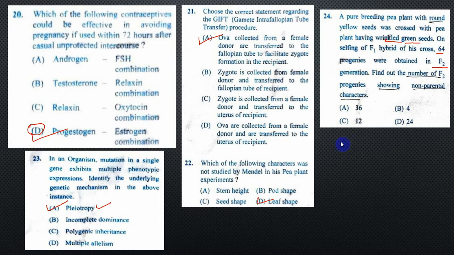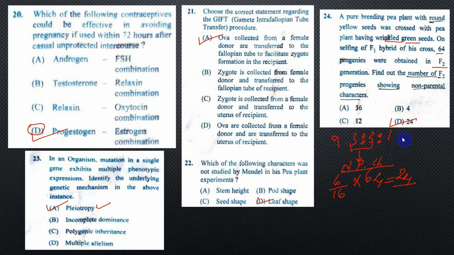If you remember, the phenotypic ratio of the dihybrid cross is 9:3:3:1, and these are the non-parental characters. How can we calculate? It is basically 6 by 16, as the Punnett square has 16 blocks. 6 by 16 of 64 gives an answer of 24. So D is the right answer.